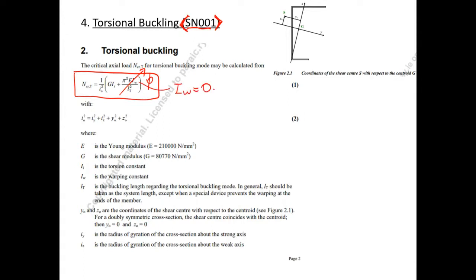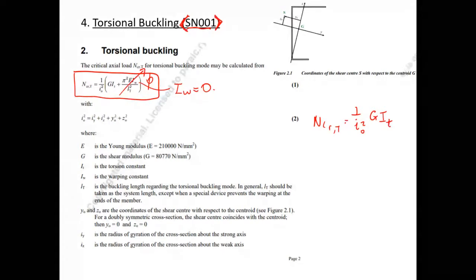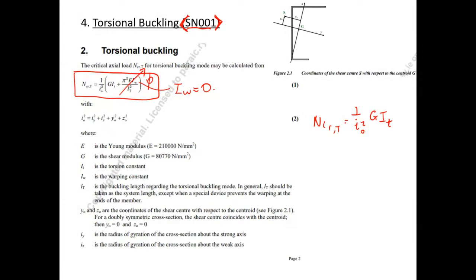So we then have N_cr,T equal to 1 over i_0 squared, multiplied by G I_T, because we have no warping constant, as it's 0 for this section.